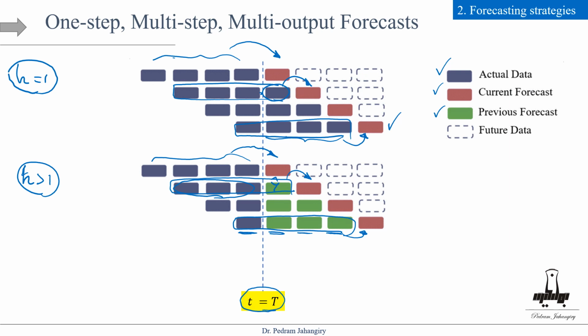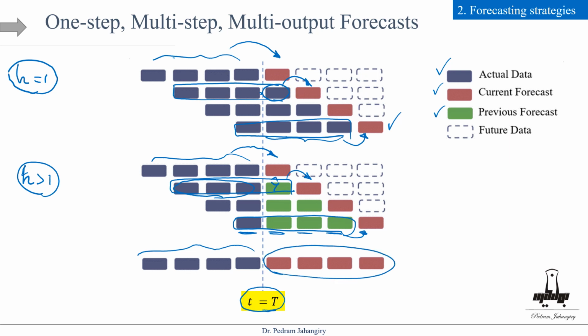The last one is multi-output forecasting. As the name suggests, you're going to make a forecast for multiple outputs at the same time. Let's say your model is going to use the past 4 days and create the forecasts at the same time. This means that if you want to make a forecast for 4 days from now, you can do it now, and it's going to create these forecasts at the same time.